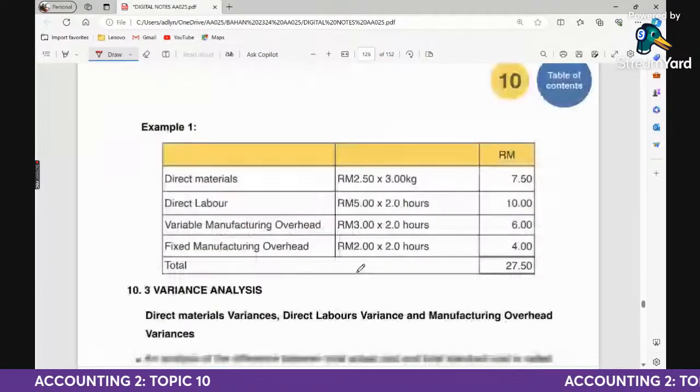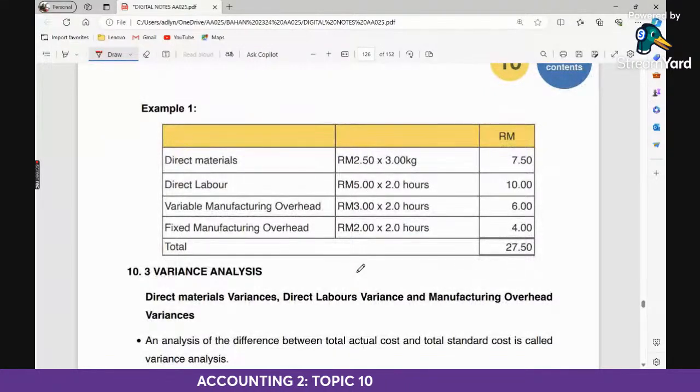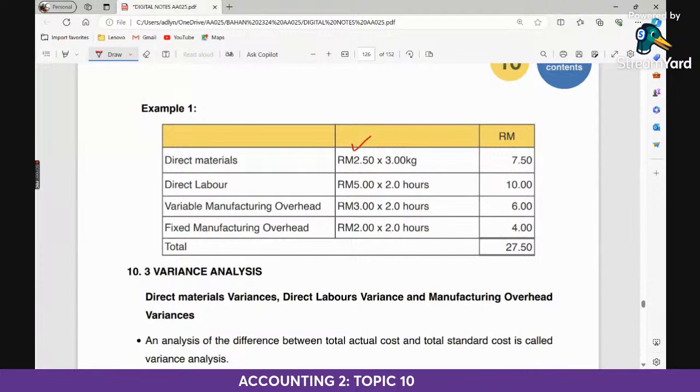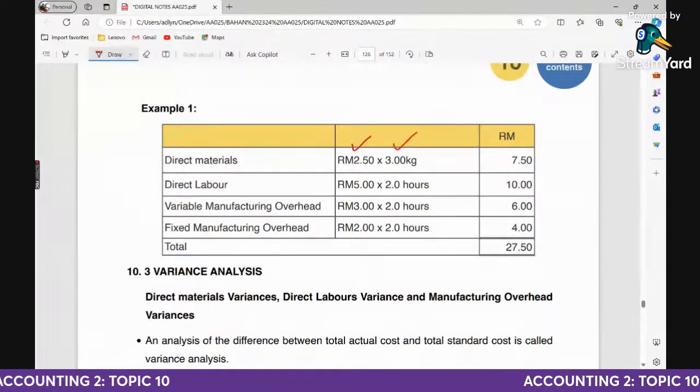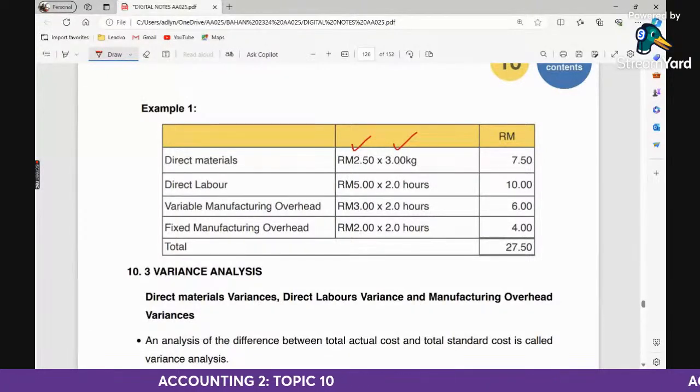Okay, so we look at example 1. Okay, so kalau you tengok dekat sini, ini yang dimaksudkan dalam table tadi. Okay, so ini ialah harga per unit. Okay, harga standard per unit untuk bahan mentah, direct material. Okay, kita akan darabkan dengan standard quantity untuk bahan mentah per unit. That means, contoh, katakan satu produk tu, dia perlukan 3 kg bahan mentah, raw materials.